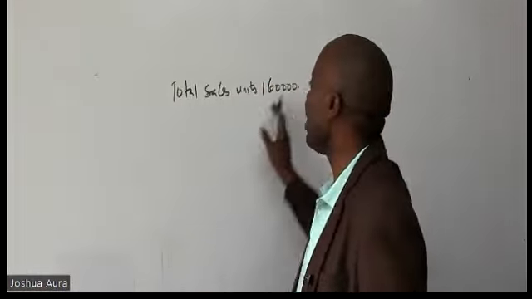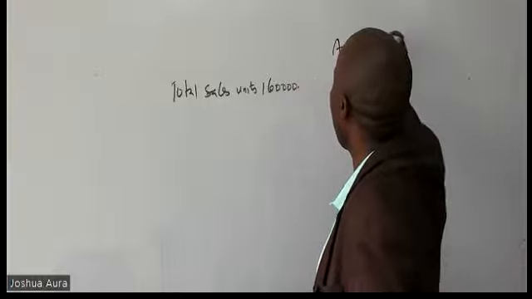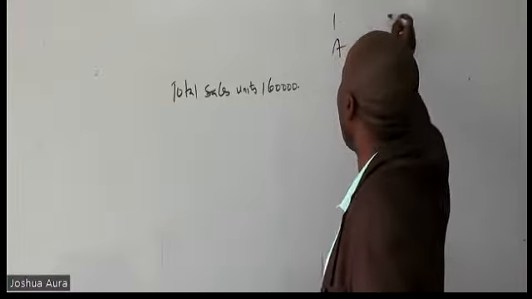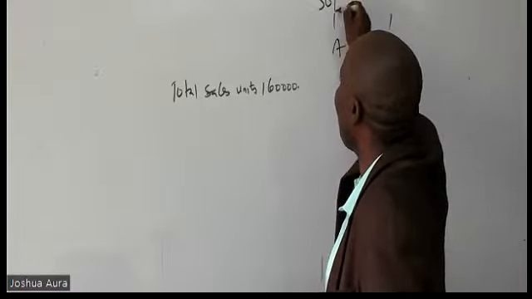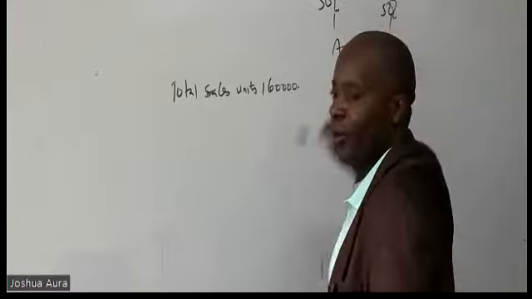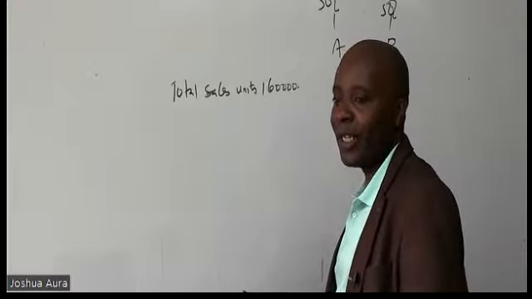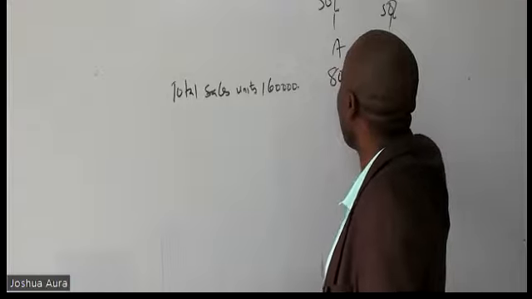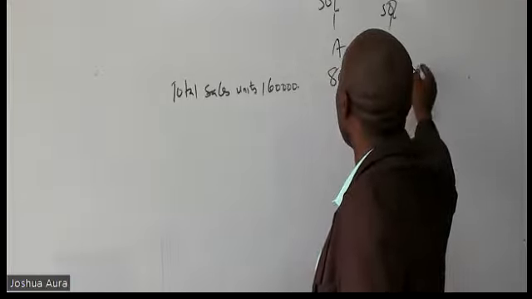So they want us to redistribute this to A and B using the new sales mix, 1:1. So 1:1 means what here? 50-50, 50%, 50%. So meaning that this will be 80,000, this will be 80,000.